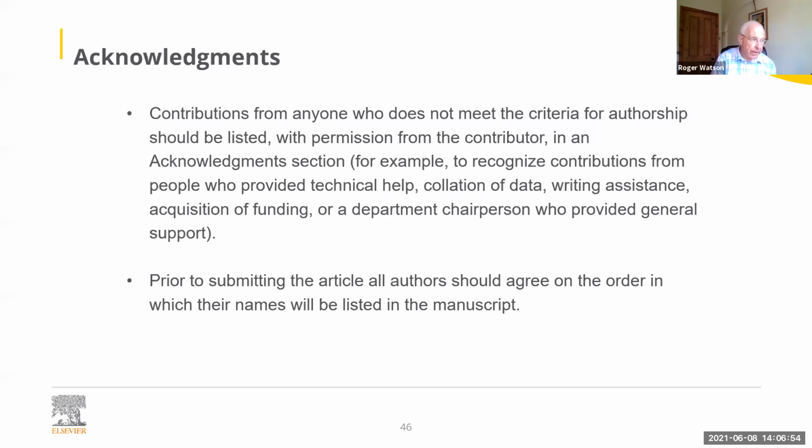So if authors write to an editor to say, we'd actually like to add someone or take someone off or change the order of the authors, we have to stop the paper at that point until we investigate why. Changing the order of authors is not usually very serious. Adding an author is not usually too much of an issue, provided they can justify it. Removing an author would be very serious, and we would want to know if that was justified, and we'd want to know from that author who's being removed if they agree. So we do take this very seriously.